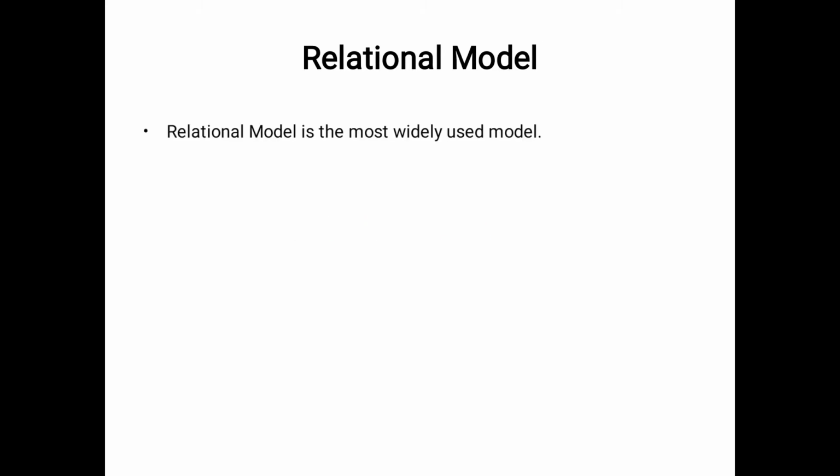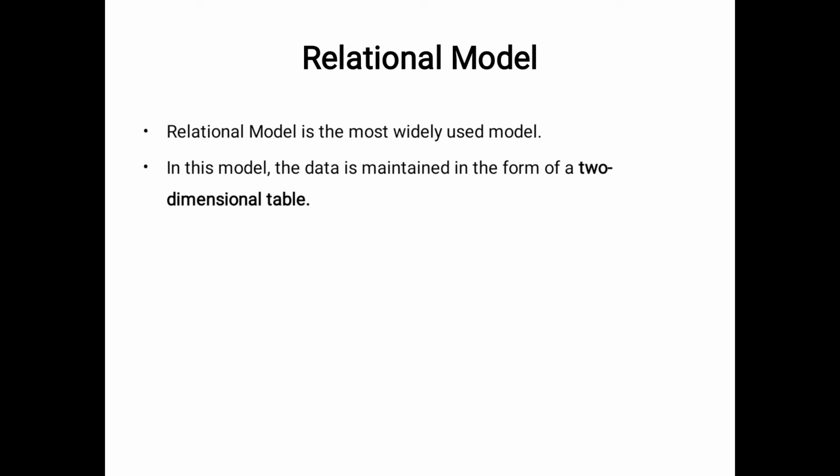Actually, nowadays we are using relational models. That's why the relational model is the most widely used model. The relational model is simply the table representation. Coming to the hierarchical model, it is a tree type of data structure. The network model is like a graph representation of data structure.